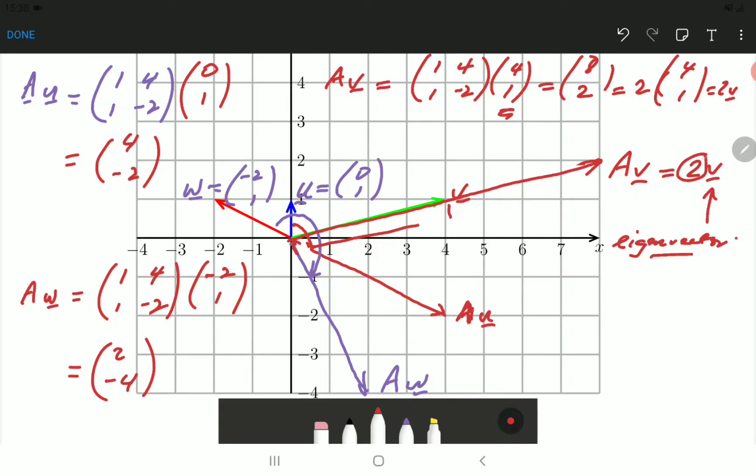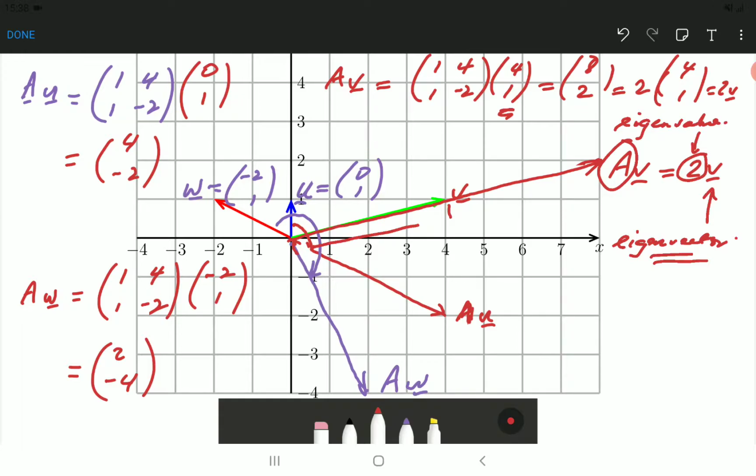And the scale factor in this case is 2. And that scale factor is called an eigenvalue. Okay. So the eigenvalue associated with this eigenvector for this matrix A is 2.